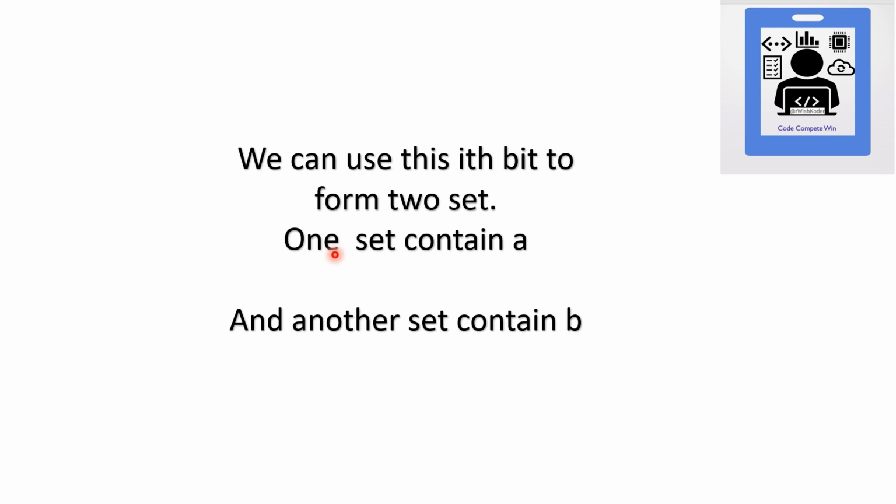So now we have two sets, and as we know, every other element is repeated twice. So the XOR of set 1 is A and the XOR of set 2 is B. So we will use this approach to solve this question.